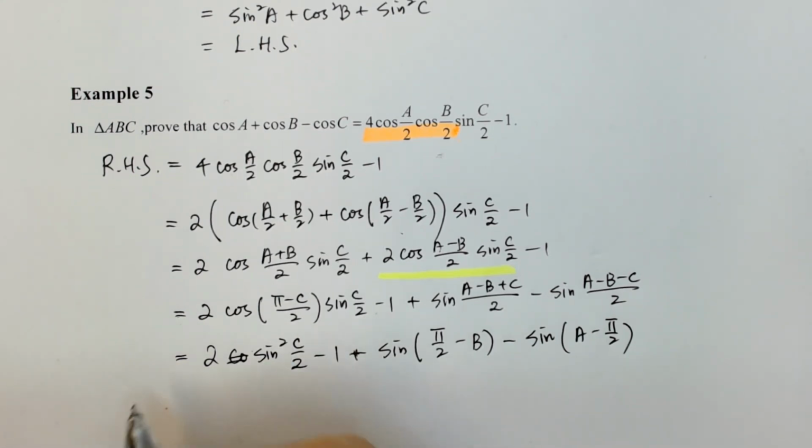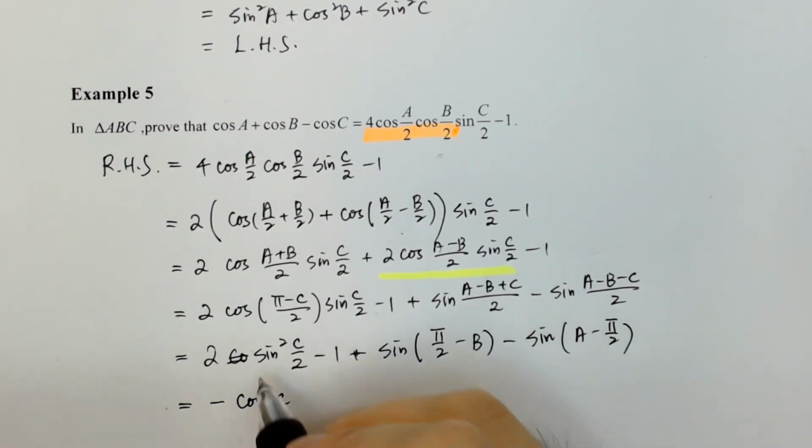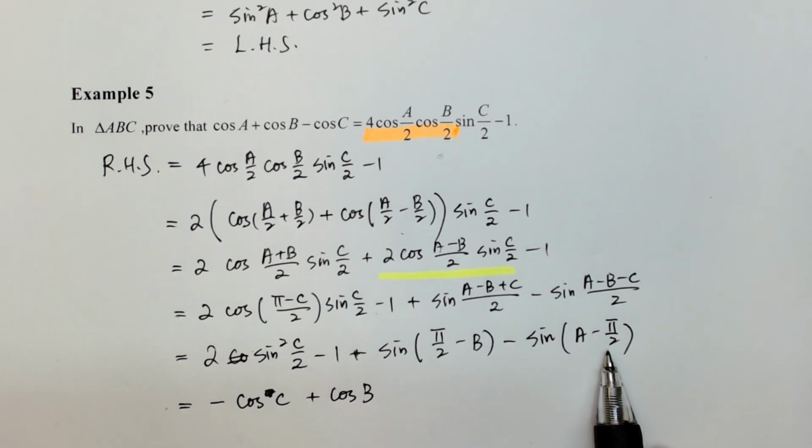And for this one, it's actually cosine C, but the sign is reversed, so we have negative of cosine C. And for these two, sine of pi over 2 minus B is, sorry, here is just cosine B. And for here, the angle is in the fourth quadrant, so it's a negative of cosine.